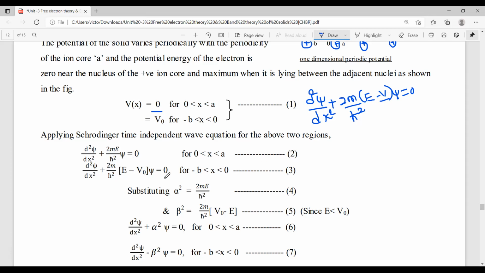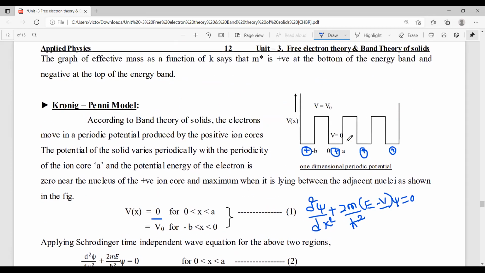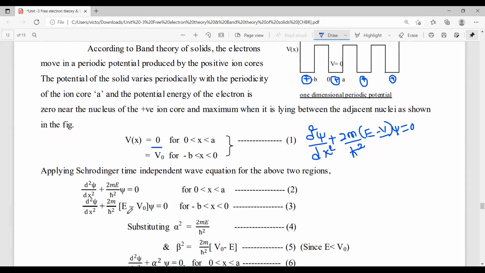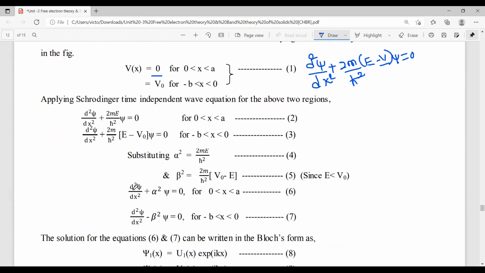In place of V, we substitute V naught here. So these are the two equations for the two conditions: this is the equation for the region 0 to a, and for the region minus b to 0, this is the expression.